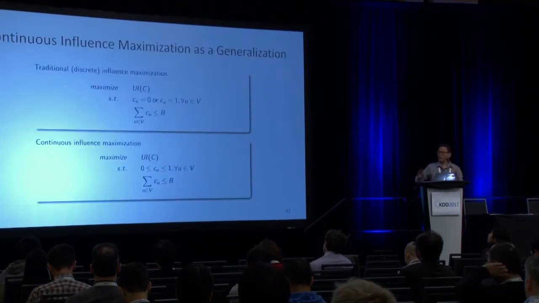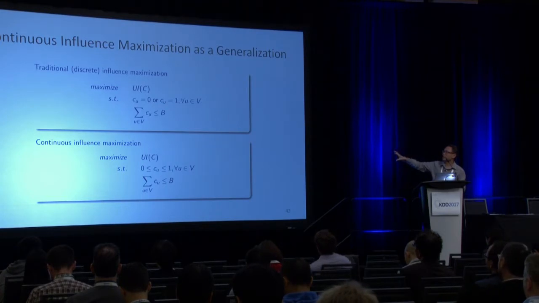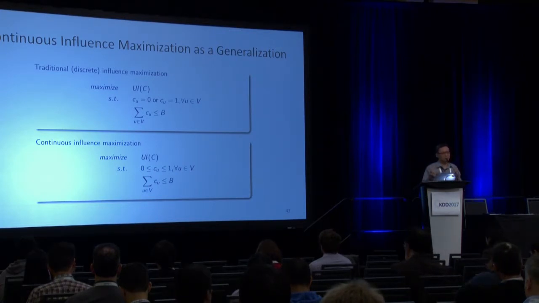So if you model the problem, what we get here is what we call continuous influence maximization. It is a generalization of the conventional discrete influence maximization. Because in the traditional model, you either give a product for free or don't give any discount, right?